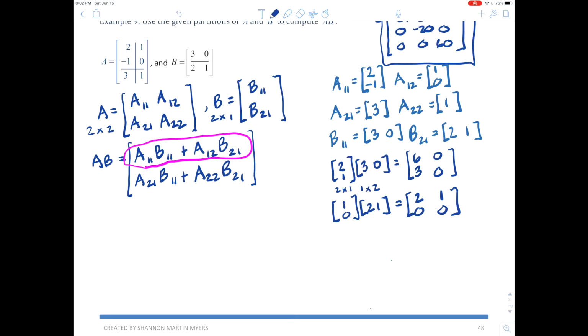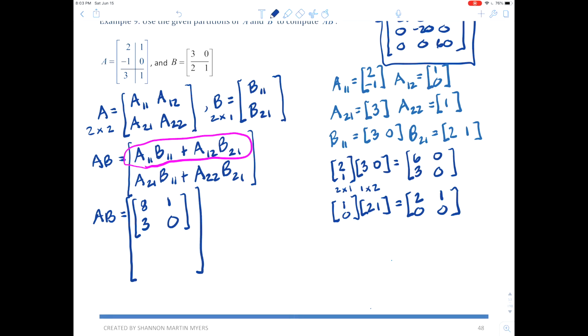So my first entry in here, when I add these two together, what is going to happen? I'll have 6 plus 2 is 8. And then I'll have what? 0 plus 1 is 1. And then second row, 3 plus 0 is 3. And then what's the last one? It'll be 0. And I'll keep these partitioned for the moment.